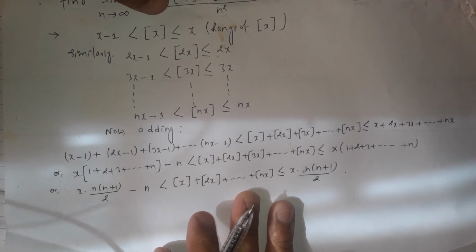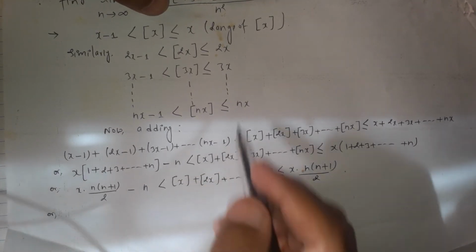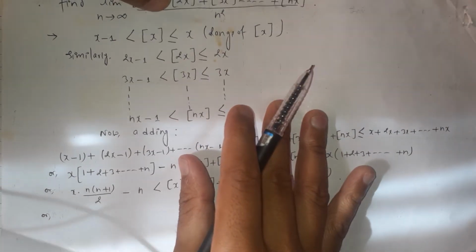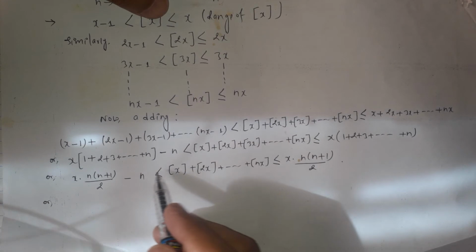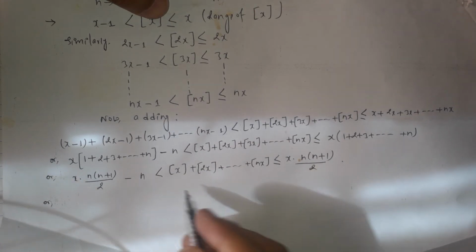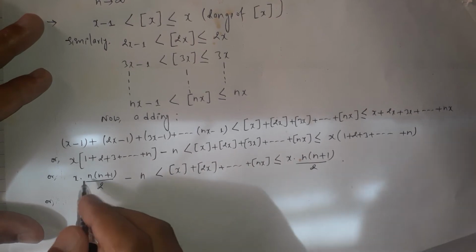Please remember. And let's divide this inequality by n square, because in our question the denominator is n square. After dividing, let's solve this.